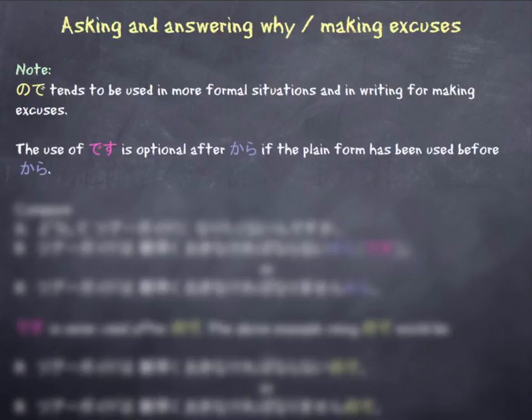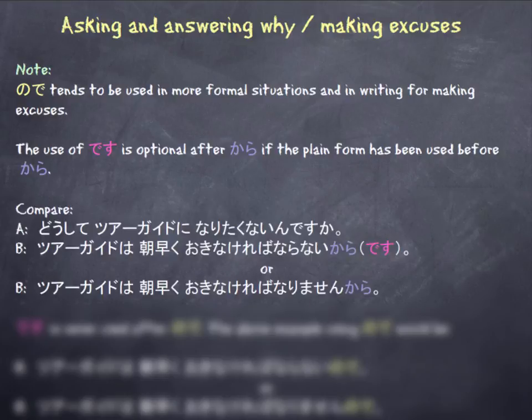The use of desu is optional after kara if the plain form has been used before kara. For example, let's compare these two different sentences here. We have the question, どうしてツアーガイドになりたくないんですか? The question there is, why don't you want to become a tour guide? And we have two different ways of responding to this question. The first way, ツアーガイドは朝早く起きなければならないからです.